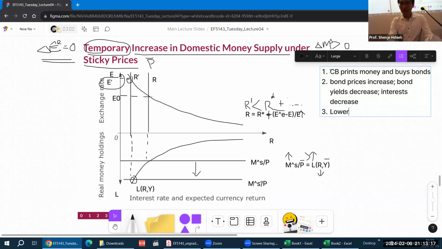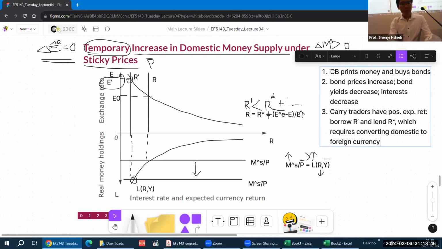All right, so lower interest rates, or just let me write, the carry traders have positive expected returns. I do this by borrowing R prime and lending R star, which requires converting domestic to foreign currency, right? So selling domestic increases E, right?